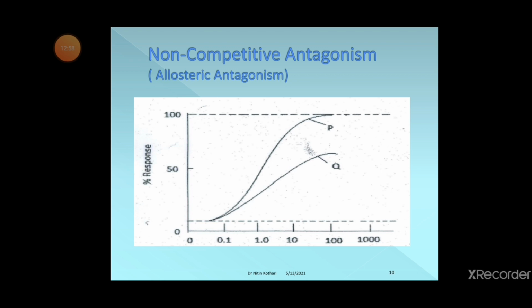In this case, we can see the maximum height of curve is reduced, so efficacy is reduced when the agonist is given along with non-competitive antagonist. But ED50 is same, that is, potency is same in presence of non-competitive antagonism.